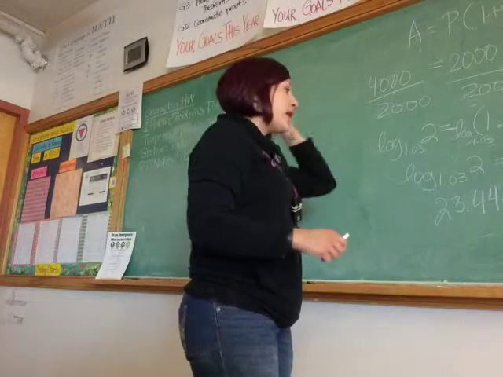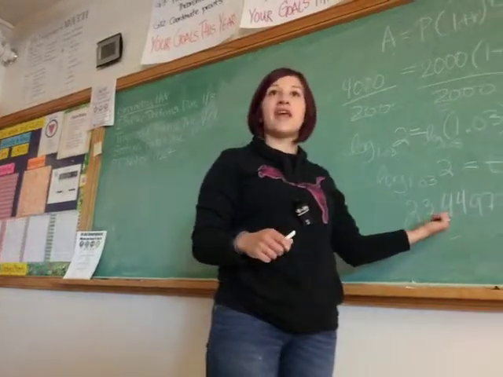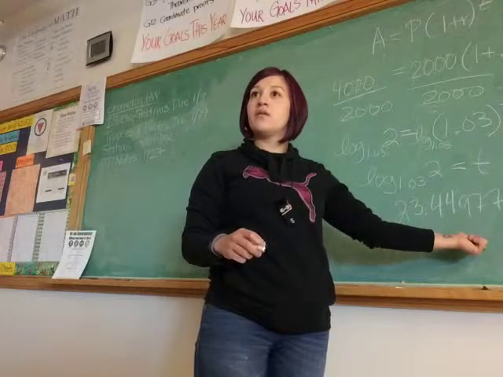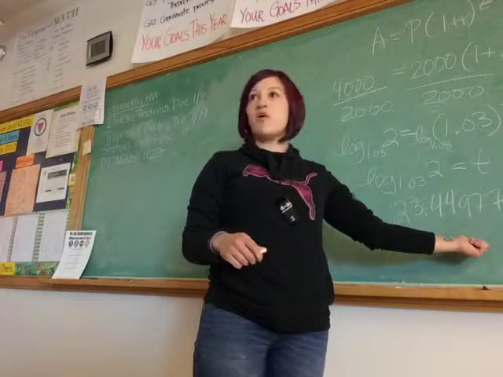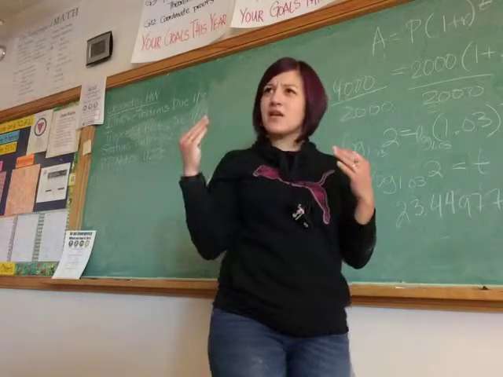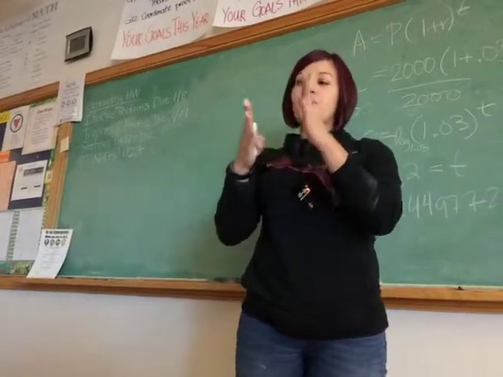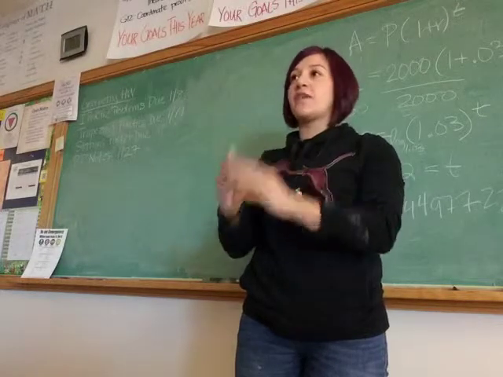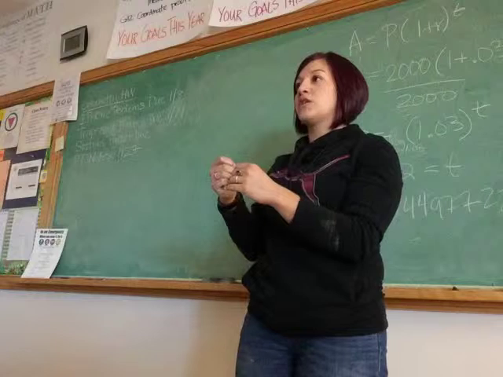Well, if it's only compounded annually, does it compound halfway through the year? No, it does not. Does everybody see that? Like, if I compound it, let's say every year on January 1st, that's when I compound my interest.